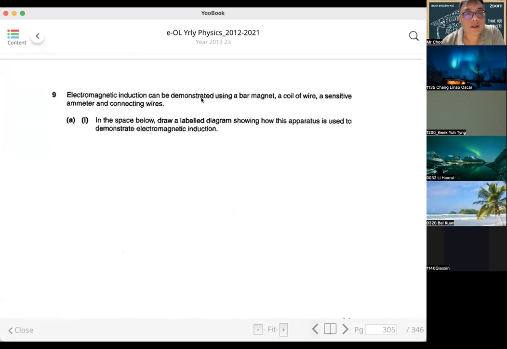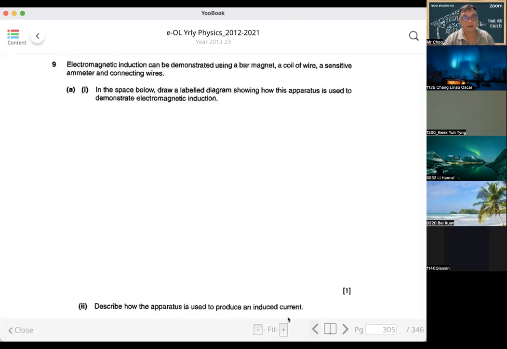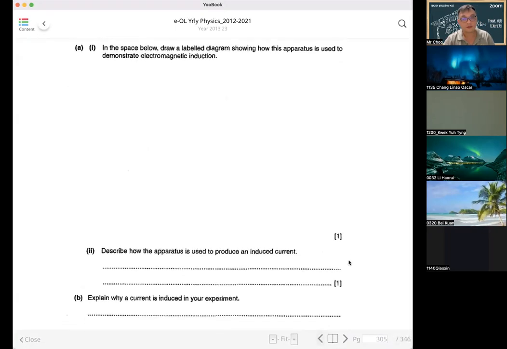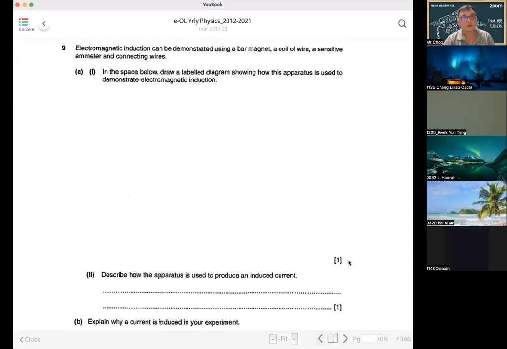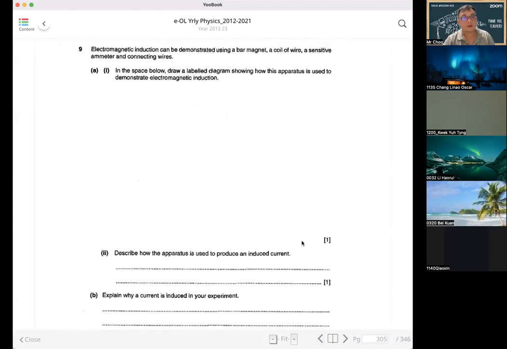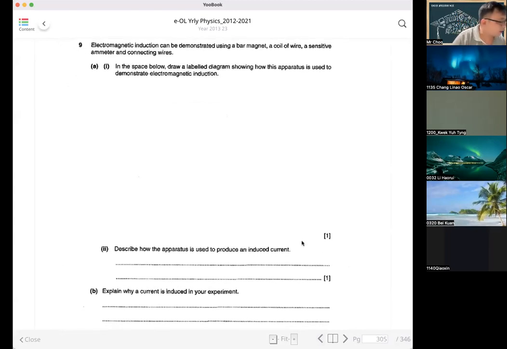Electromagnetic induction can be demonstrated using a bar magnet, a coil of wire, a sensitive ammeter, and connecting wires. So in the space below, who can try? Who would like to try? Anyone?